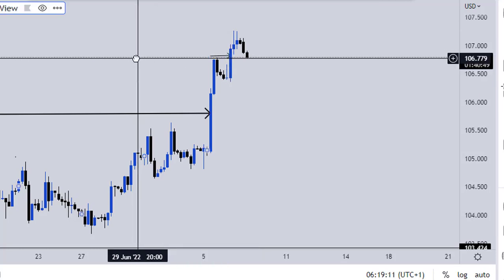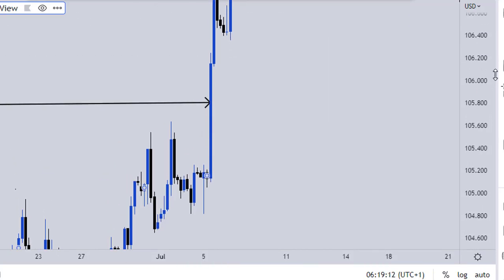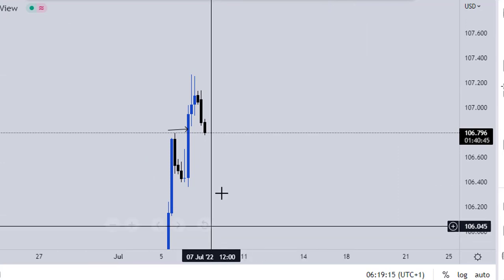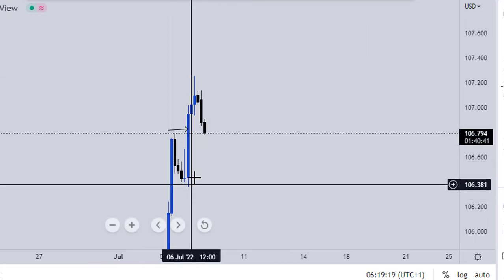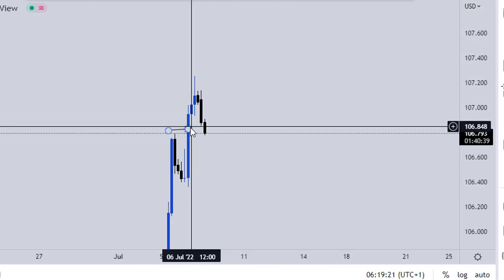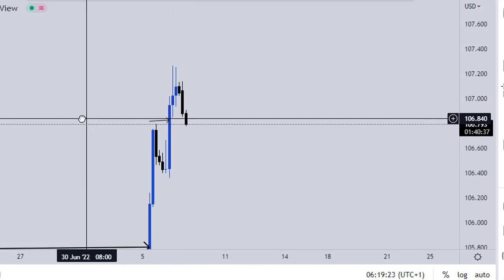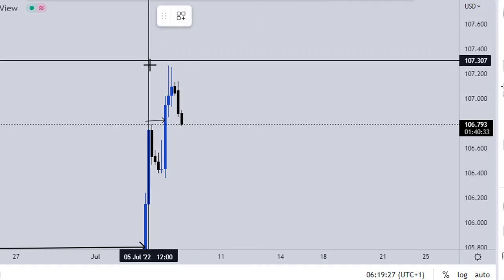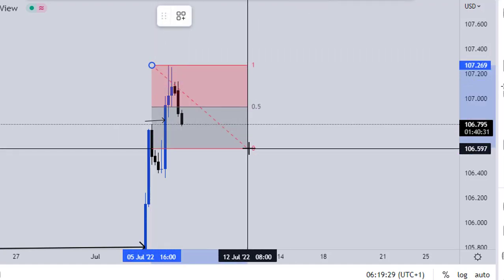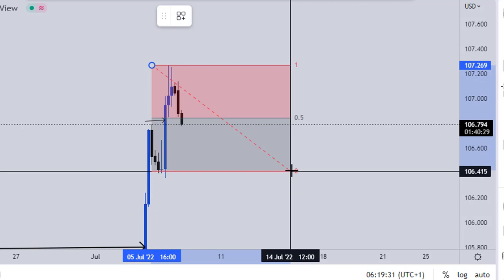So if you now ask the question, where is the recent range we are trading from? I think this is where we are trading from at the moment, because this was a higher low and this was a strong higher low. Why is it a strong higher low? Because this higher low broke structure. So this is what I'm looking at. I'm expecting the market to pull back to this area.